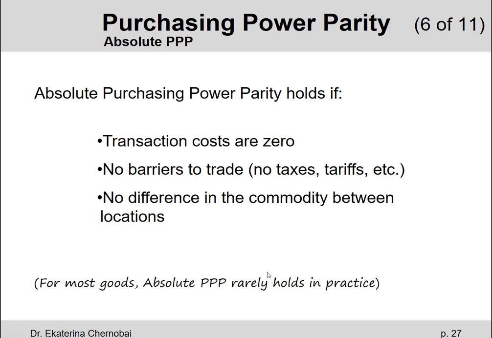But even though we have this kind of profit opportunity, all these restrictions, transaction costs, barriers to trade, and differences in the commodity value between different countries result in you not being able to take advantage of these profit opportunities.